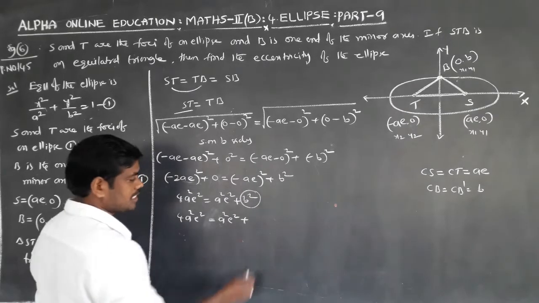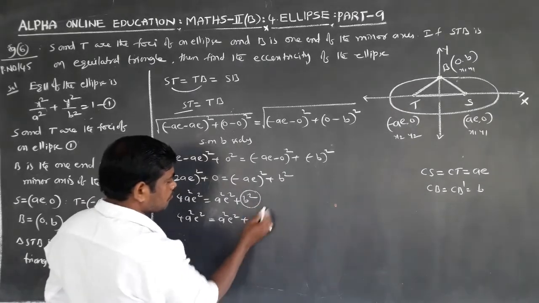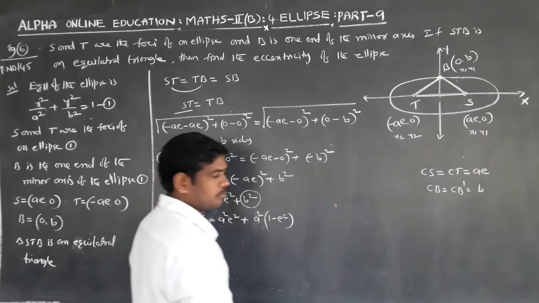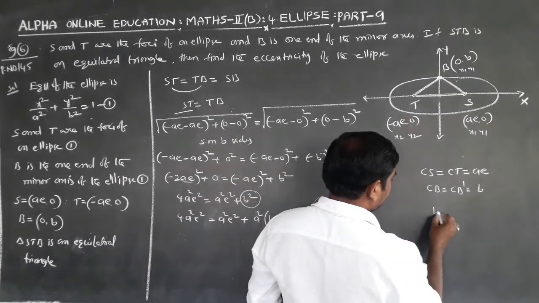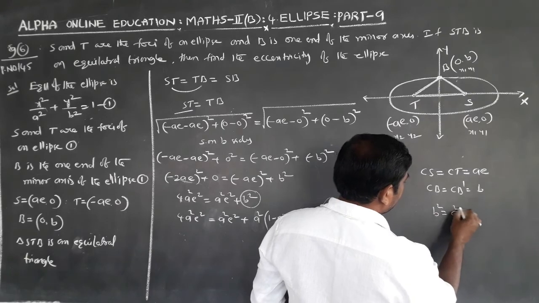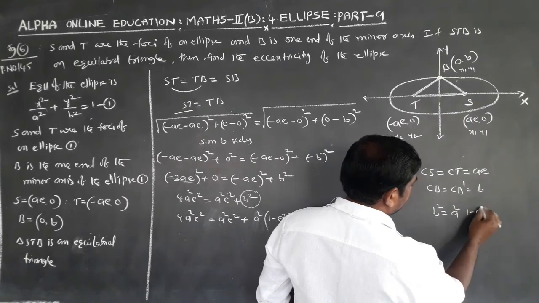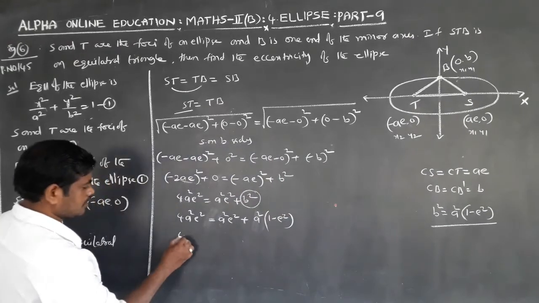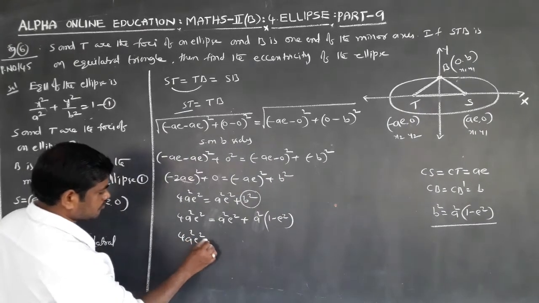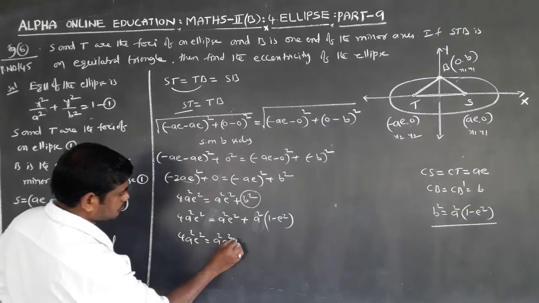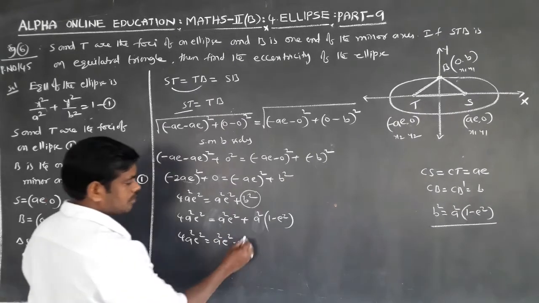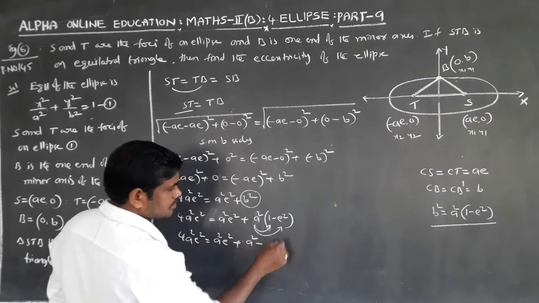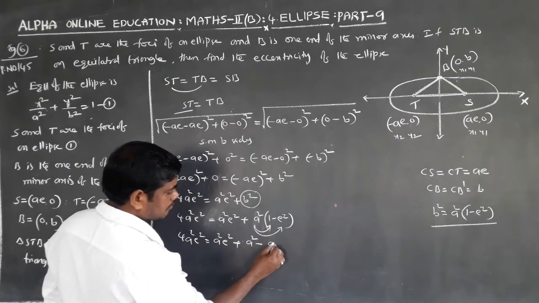Substitute B square is equal to A square into 1 minus E square, by the definition of the ellipse. 4A square E square is equal to A square E square plus A square into 1 minus E square.